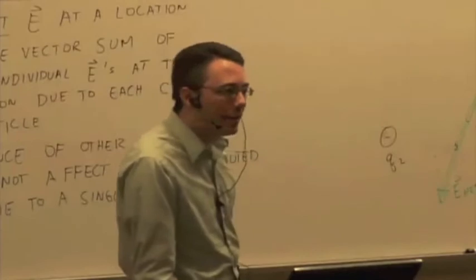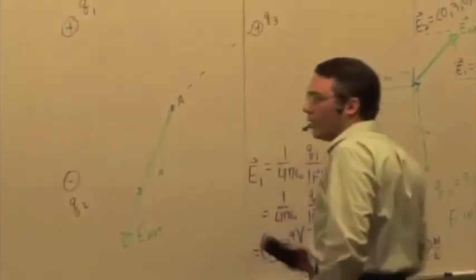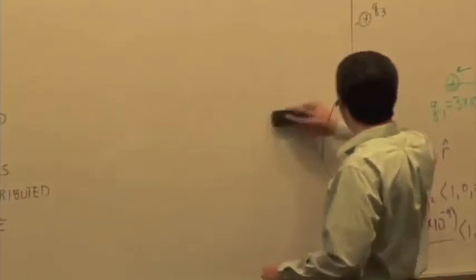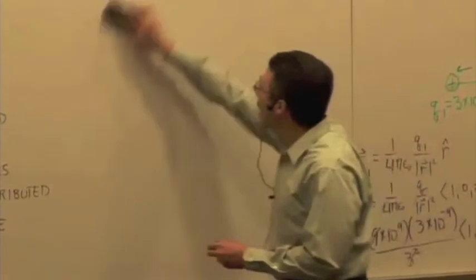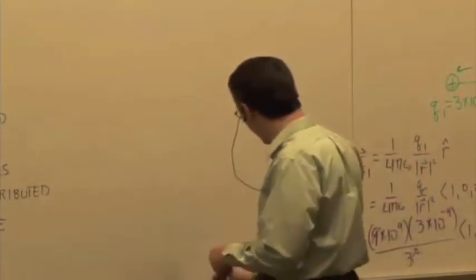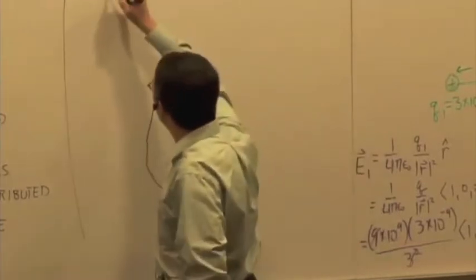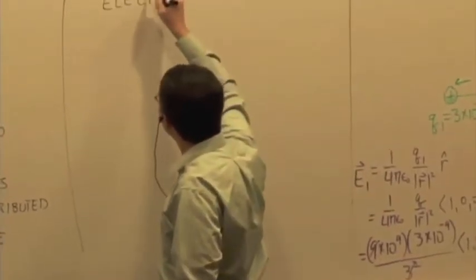An important application of superposition is when you have a situation where we have two charges, one positive and one negative, but each having the same magnitude of charge. And that's a situation called an electric dipole.